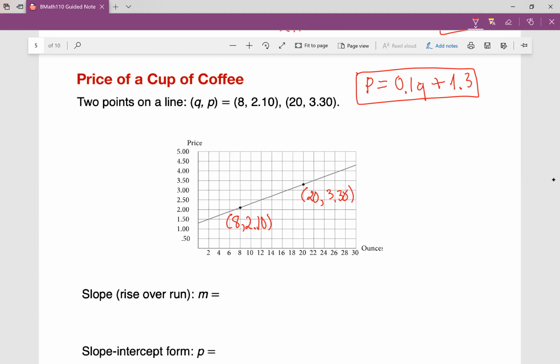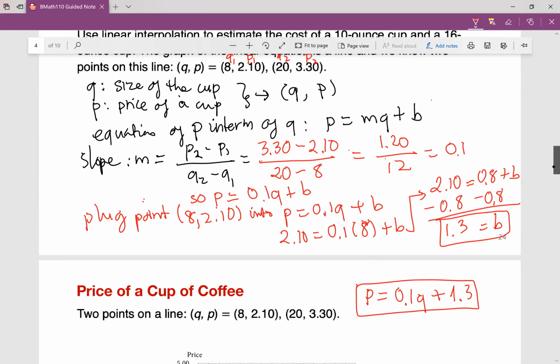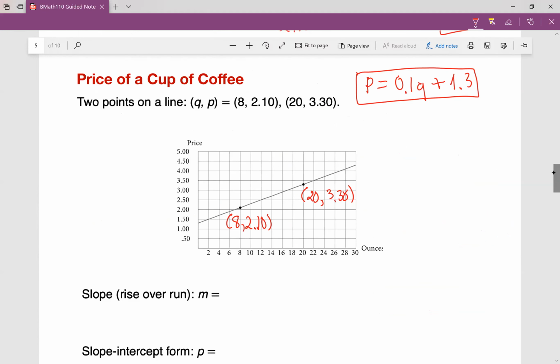So the slope, rise over run, you can see from my answer here is 1.2 over 12, which is equal to 0.1.